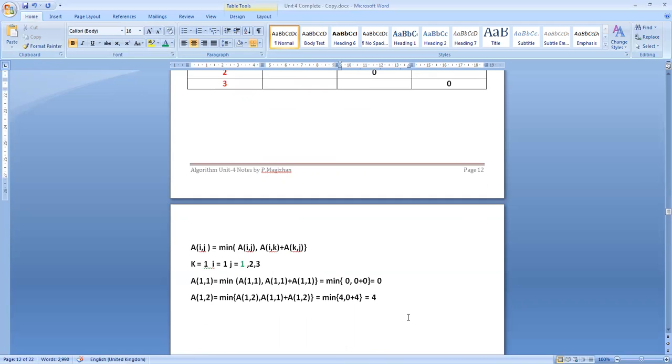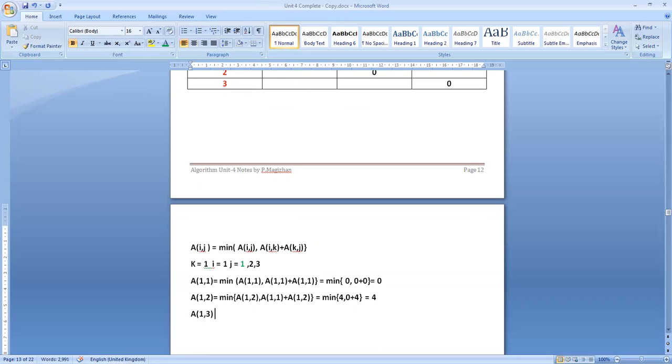Next, i equal to 1, j equal to 1 is found, i equal to 1, j equal to 2 is found. Next I compute a of 1 comma 3.